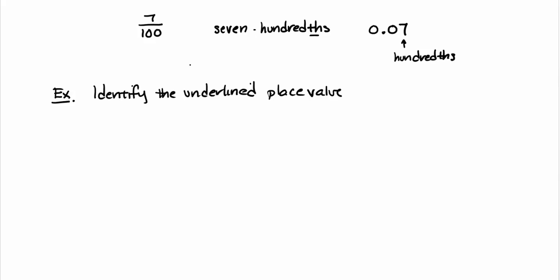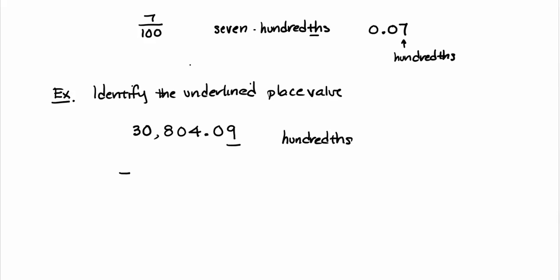Okay, let's take this number here. 30,804.09. Okay, if we want to take a look at where this 9 is, what place value is it? Well, remember the first place after the decimal is the tenths, the second one is the hundredths. Right, so that's 2 places after the decimal point, so it's the hundredths place.